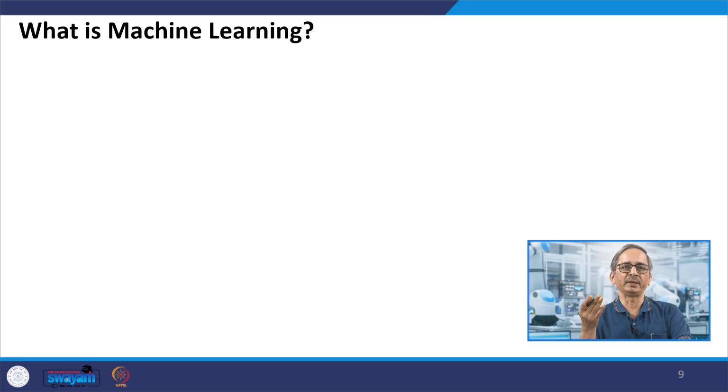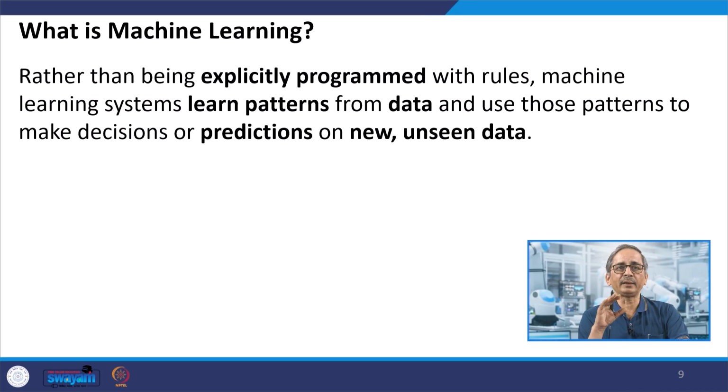But before that, let us understand what machine learning is. Here, rather than being explicitly programmed with rules as we have seen previously, machine learning systems learn patterns, and that pattern learning comes from the data, and use those patterns to make decisions or predictions on any new or unseen data.